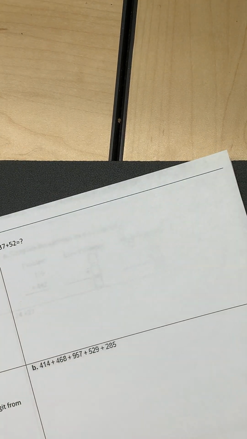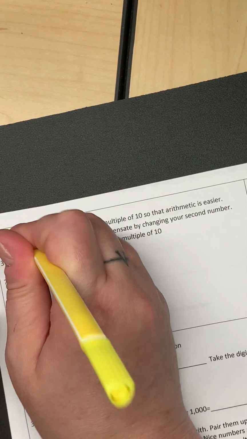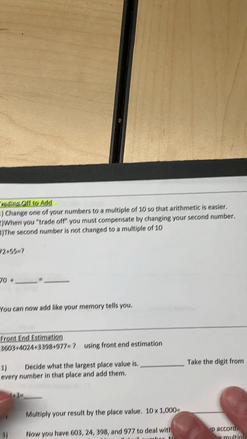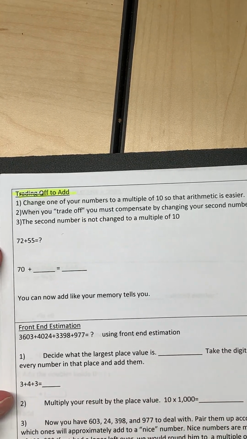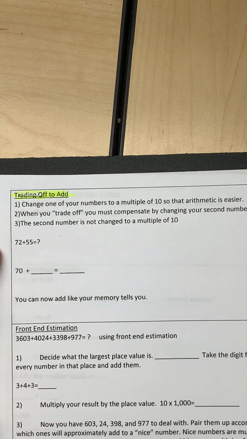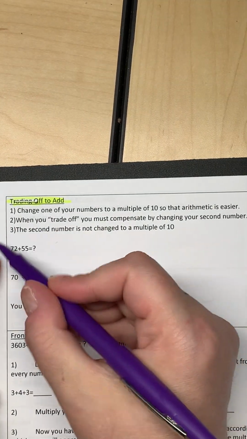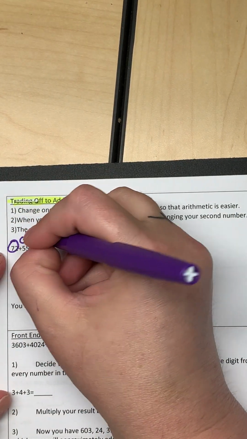Okay, let's talk about trading off to add. This is kind of like what we just did, sort of. It says, change one of your numbers to a multiple of 10 so that arithmetic is easier. So, which one of these is closer to a 10? The 72? Okay, yeah.